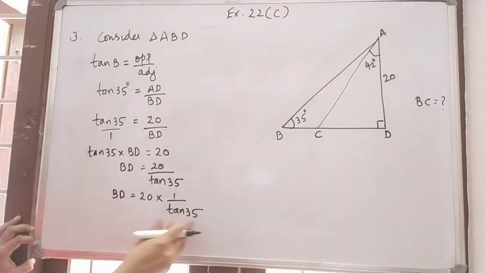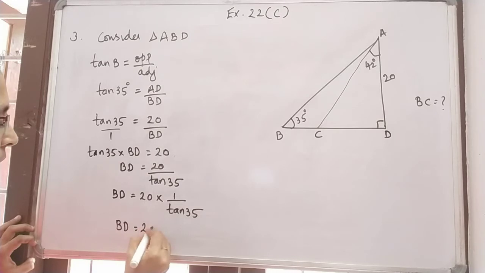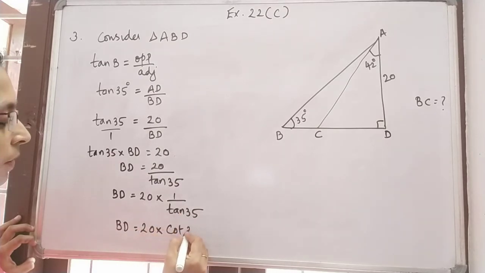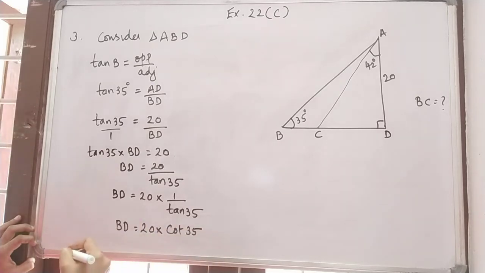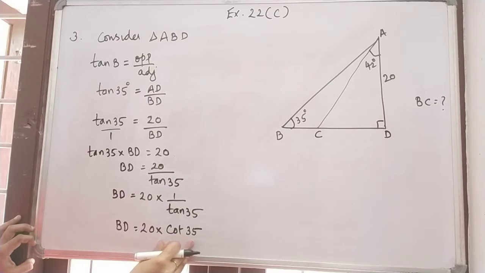We know that 1 by tan 35 is cot 35. So we can write 20 into cot 35. Why are we doing this? To avoid the lengthy calculation, we are using this method. Keep in mind how to do this problem. It is very important, how to convert this.